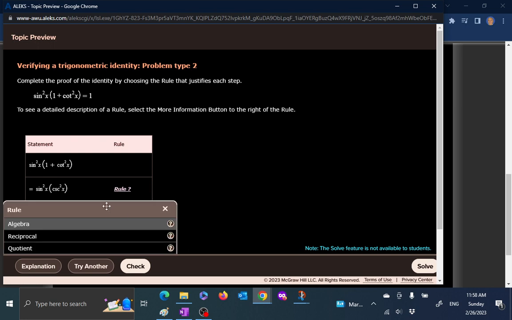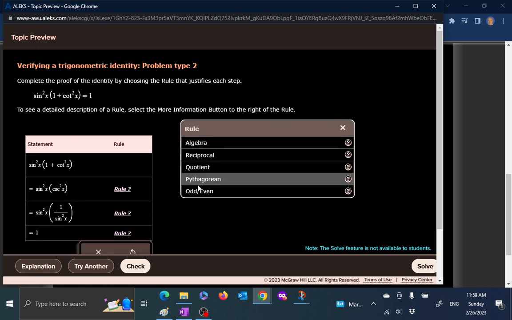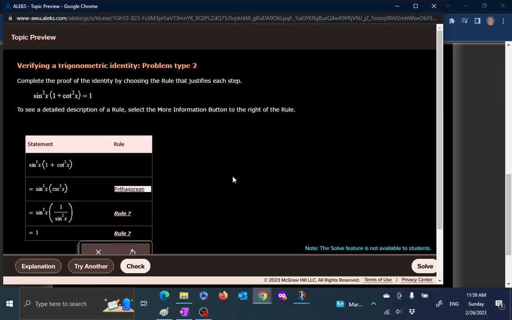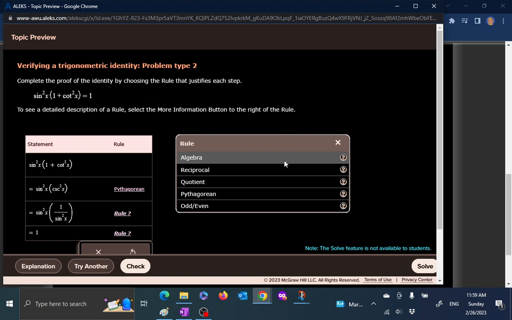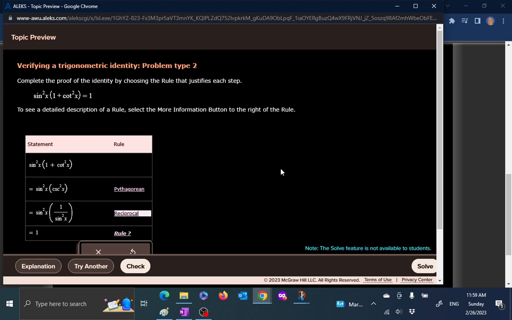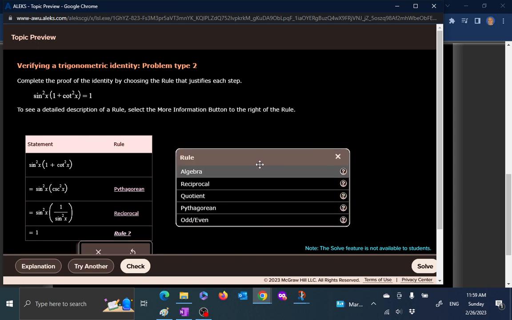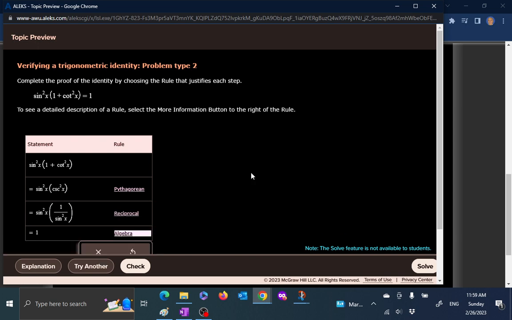What is that one? That's of course the Pythagorean. From here to here, the step that's being taken is that cosecant is equal to 1 over sine, and that is the reciprocal. And this final simplification is simply algebra, and that takes care of this problem.